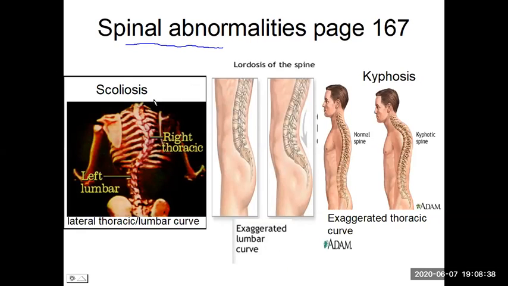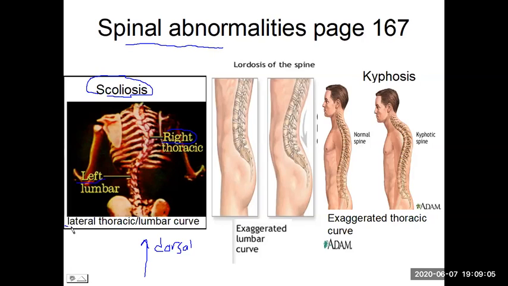So this first one here, it is quite common, scoliosis. You notice here we're viewing the spine from the dorsal side. And from this dorsal view, there's this abnormal lateral curvature to the spine. Whether it goes to the right or left, that's not the important trait. It could be askew either side.